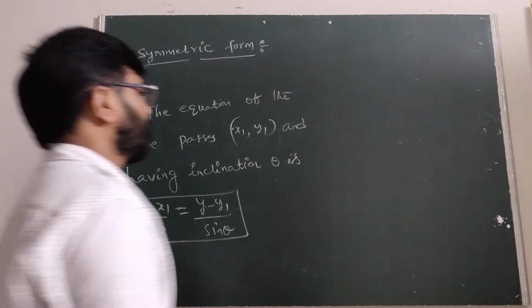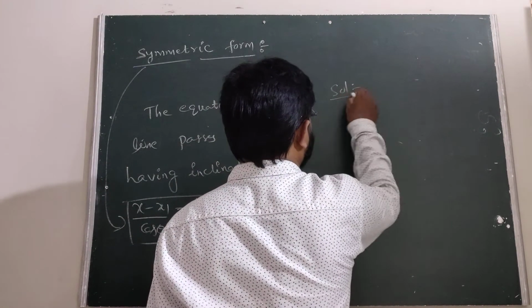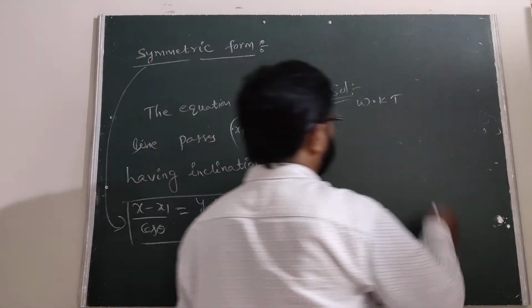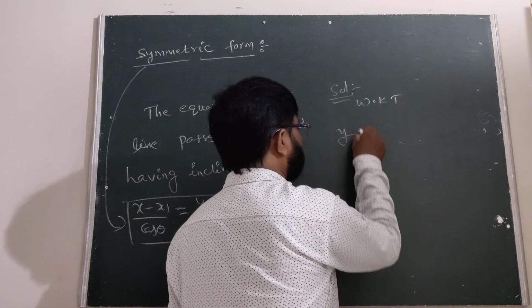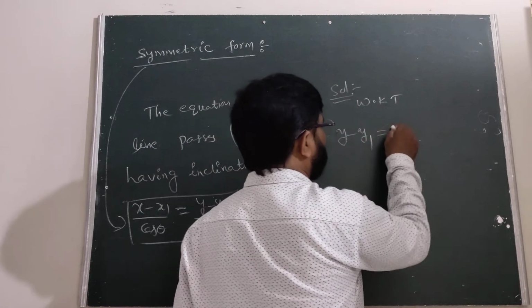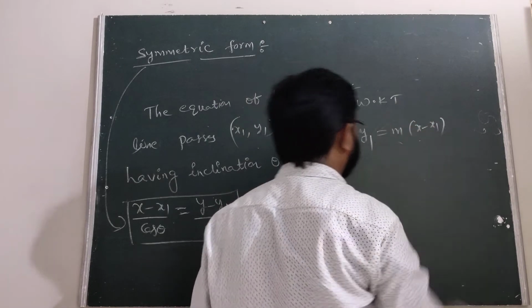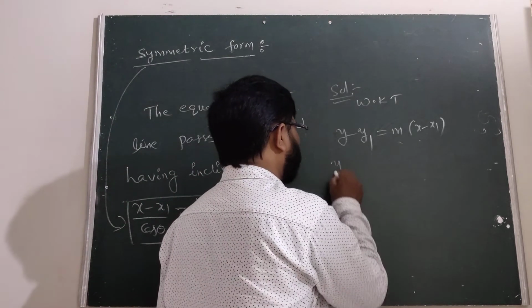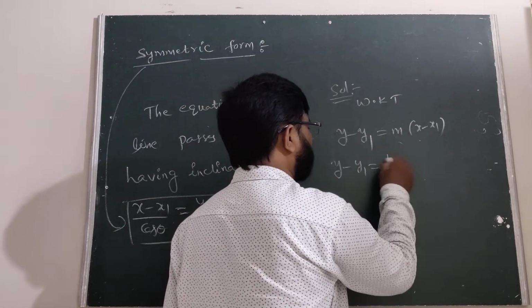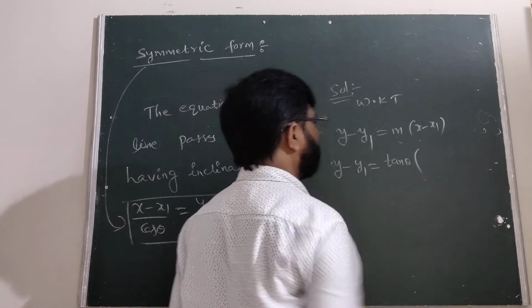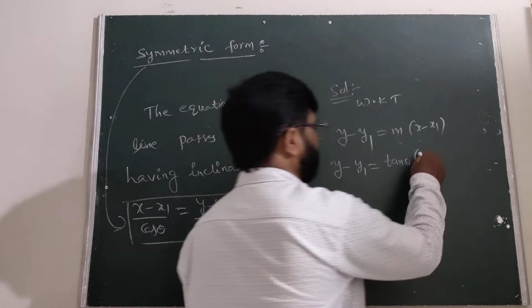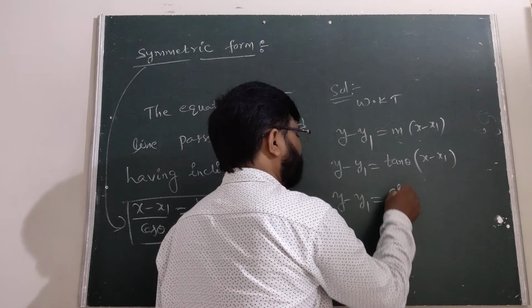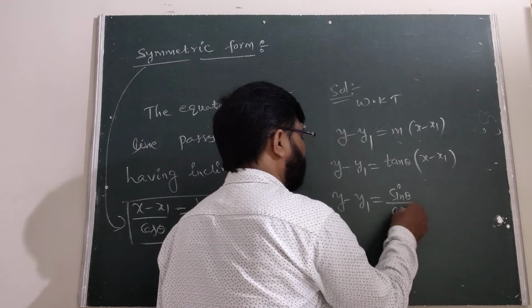We know that the equation of the line passing through the point (x1, y1) having slope m is the slope point form: y minus y1 equal to m into (x minus x1). Now m is tan theta. So y minus y1 equals tan theta into (x minus x1), and tan theta can be written as sin theta by cos theta.